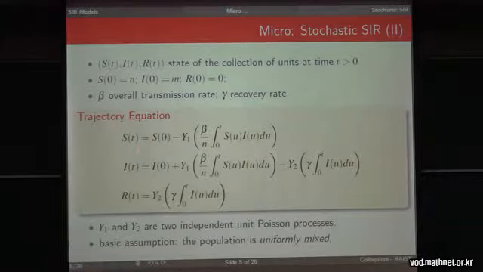And then in a similar fashion, I'm looking at I's. So what happens to I's is that the I's are increasing by changing these S labels into I labels. So this basically means that I'm switching the sign on this Poisson process y1. But then the I's are also decaying at some rate gamma. So I have another Poisson process, which now I will assume is independent of this other one, which has the rate as follows.